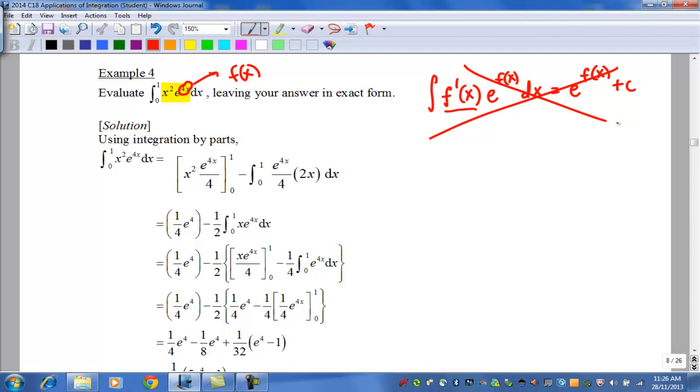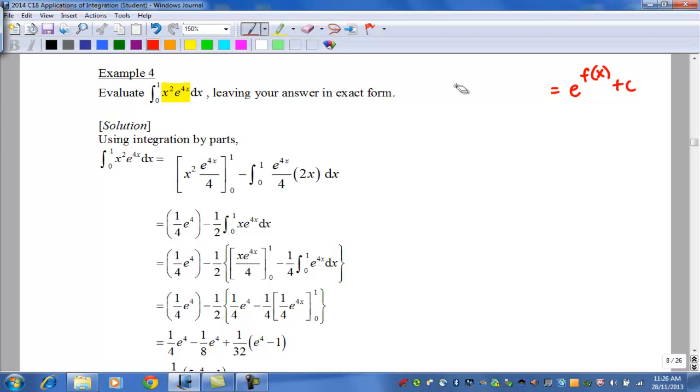So we continue to observe. We see that, hey, actually it's a product of an exponential function and an algebraic expression. x squared being the algebraic expression, e to the power 4x being the exponential expression.